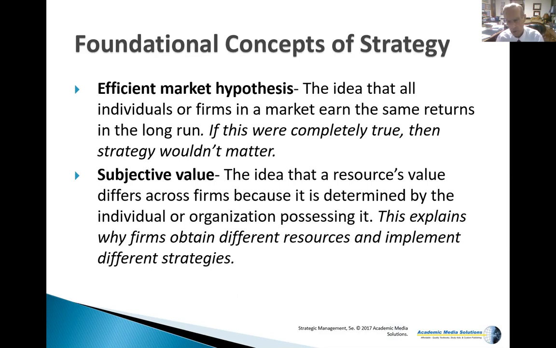Those that remain in the industry will over time develop the same sets of resources, the same sets of skills. And according to the efficient market hypothesis, the market is efficient. It separates out, kind of like Darwin, survival of the fittest. Only those that do things the right way and the same way, according to this theory, are going to survive over time.